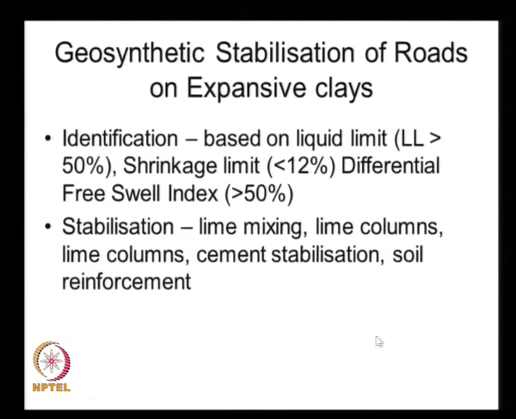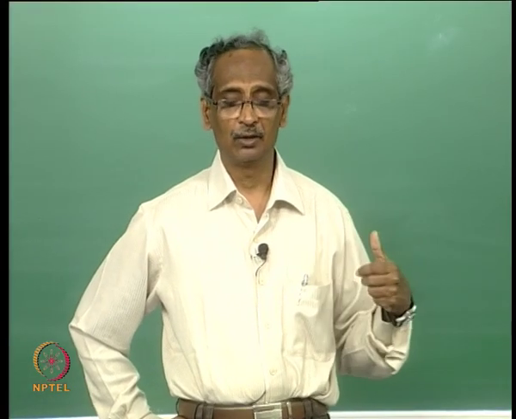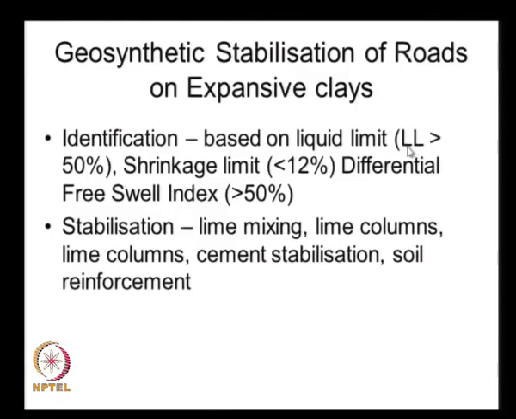And apart from the liquid limit, a shrinkage limit of less than 12% also indicates the swelling nature of the soil, and the other quantity that we have is the differential free swell index. Anything more than 50% can be classified as a highly problematic soil that may swell or shrink. And what are the different techniques that we have for stabilizing these soils?